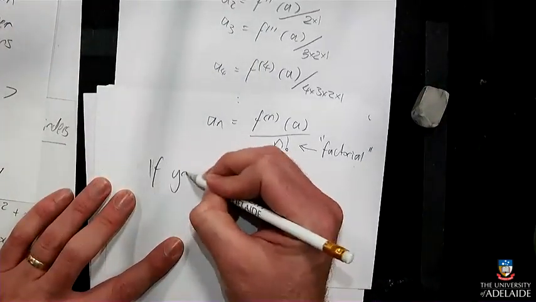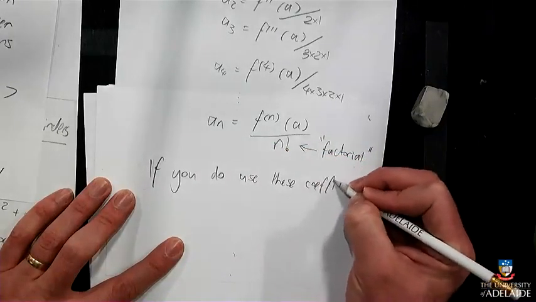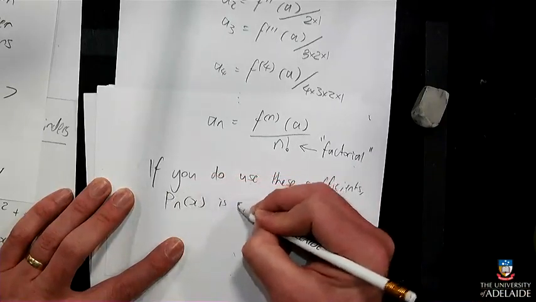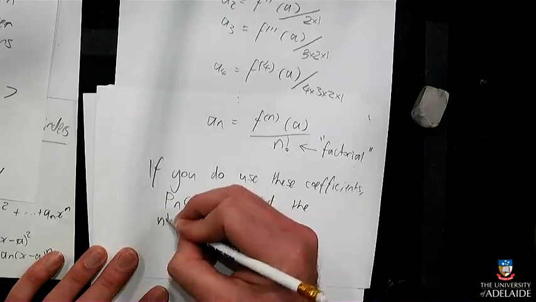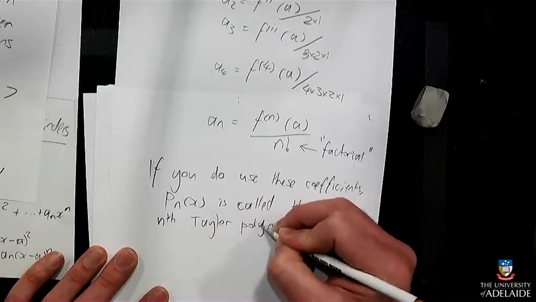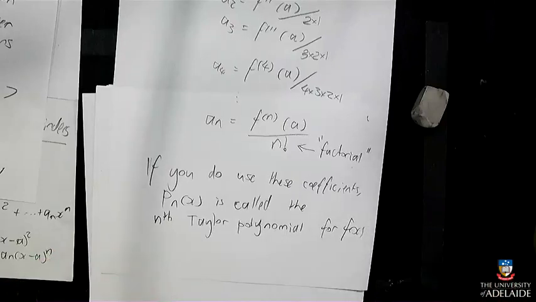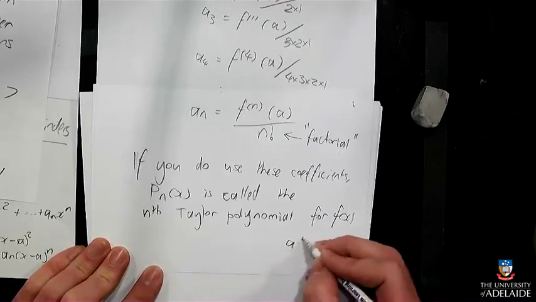So if you use these coefficients, then Pn(x) is called the nth Taylor polynomial for f of x at x equals a.